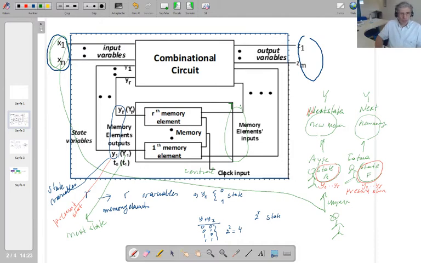Why do we call it synchronous? Because they work depending on that clock pulse input. So just to remind you, maybe you didn't know the relation, but you might have heard of it. In computers, we've got central processing units, CPUs. The CPU's clock frequency is 3 gigahertz nowadays, which is a common one.